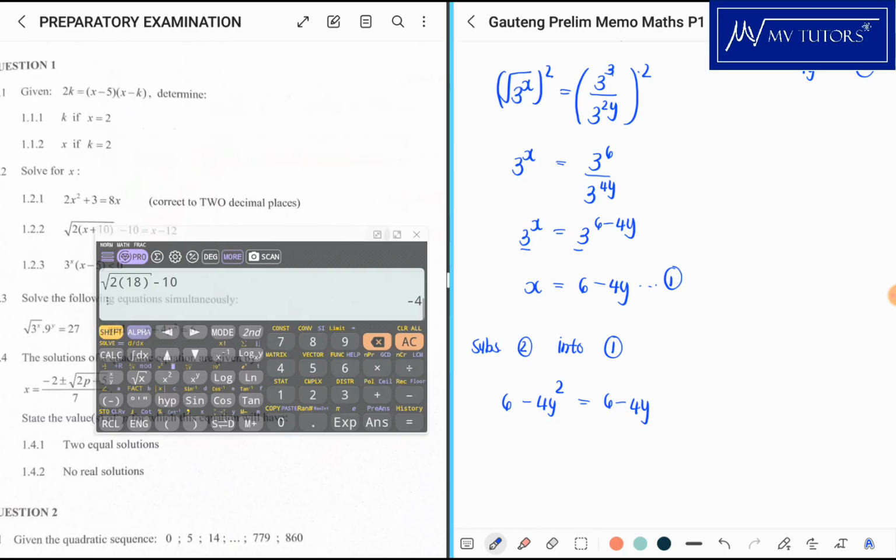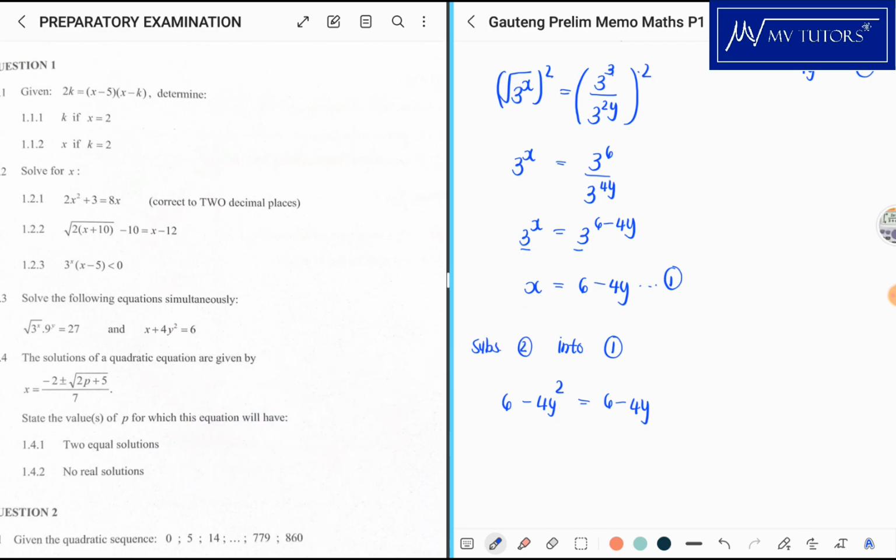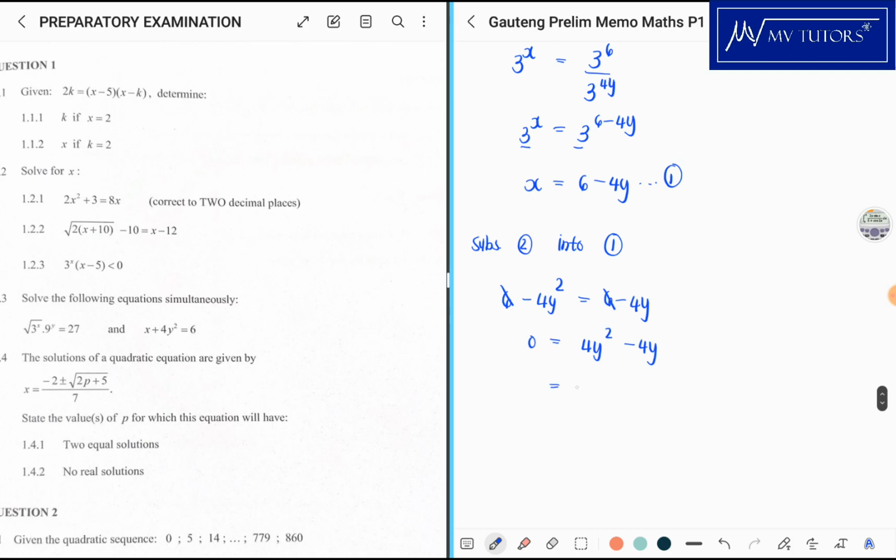I see that the 6's can actually cancel out, and I'm going to take 4y squared to the other side. Negative 4y squared, which then becomes 4y squared minus 4y, and I can see that 4y is actually a common factor. So I'm left with y minus 1.